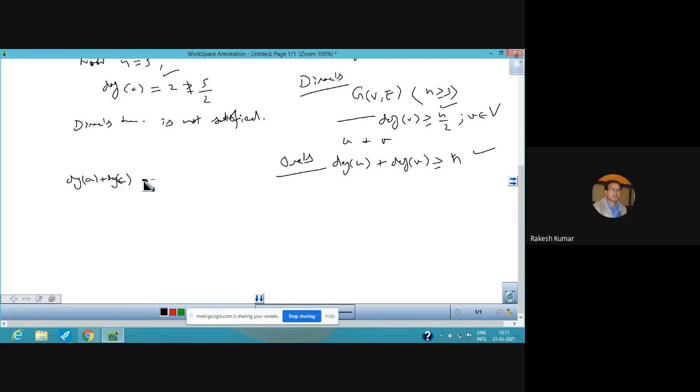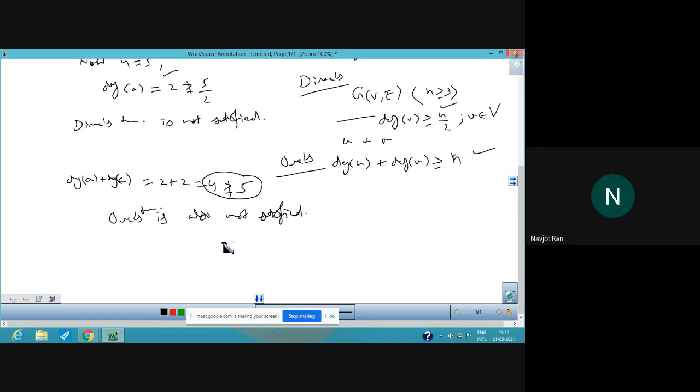It is 2 plus 2, that is 4. And it should be greater than or equal to n, the number of vertices, 5. But this is not true, because 4 is not greater than or equal to 5. So the hypothesis of Ore's theorem is also not satisfied in this question. But in spite of that, this graph contains a Hamiltonian circuit. This is an exceptional question.